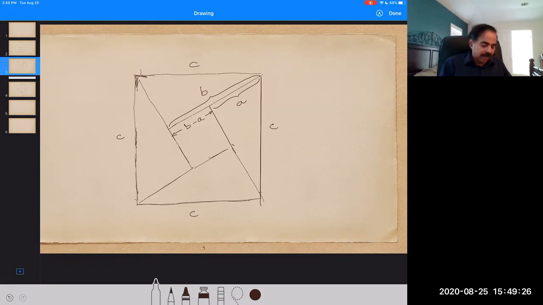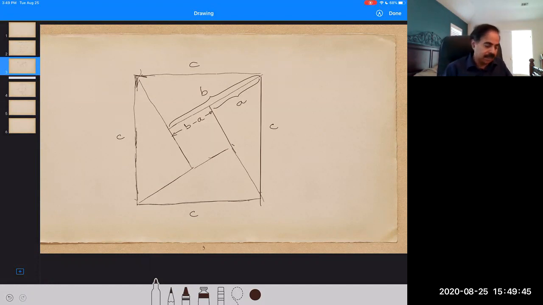Okay, so now let's look at the square in the middle. First of all, let's convince ourselves that it is a square. Or even more importantly, let's convince ourselves that the triangles will line up this way.